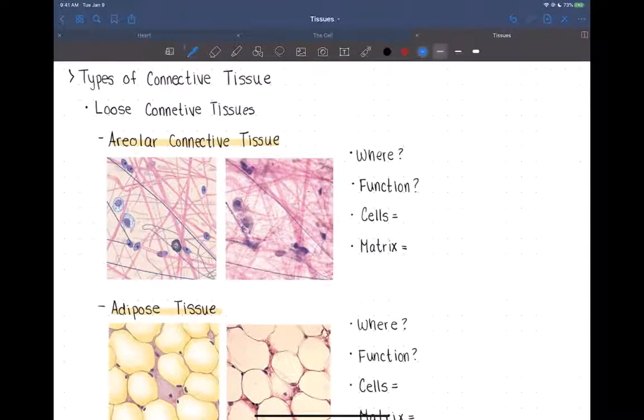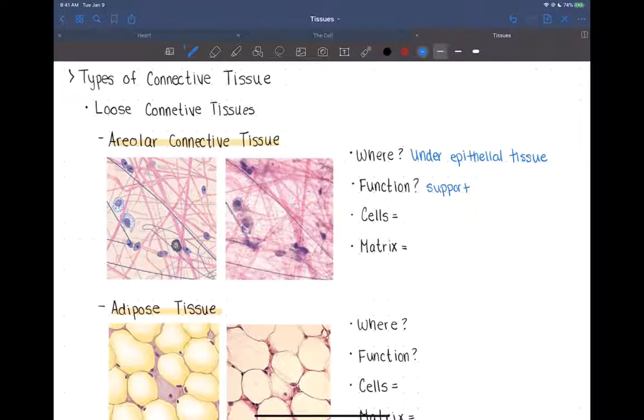So this is always going to be under epithelial tissues. That basement membrane is going to be attaching those epithelial cells to the areolar connective tissue underneath. The function of that areolar tissue is for support, because remember, epithelial tissues are avascular.